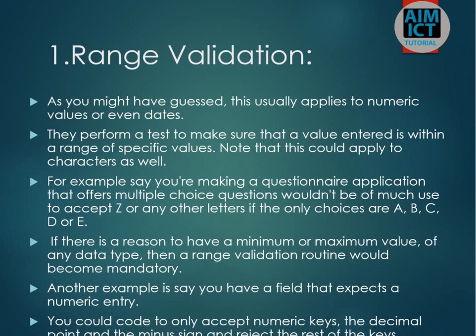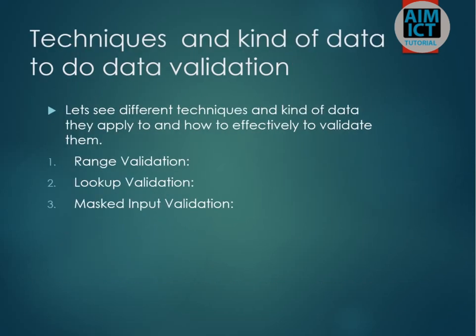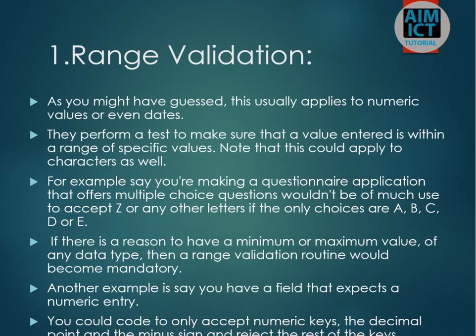Range, as you might guess, is usually applied to numerical values. This technique they do on numerical values. Lookup validation is done when a value entered needs to be compared to a list of possible values.